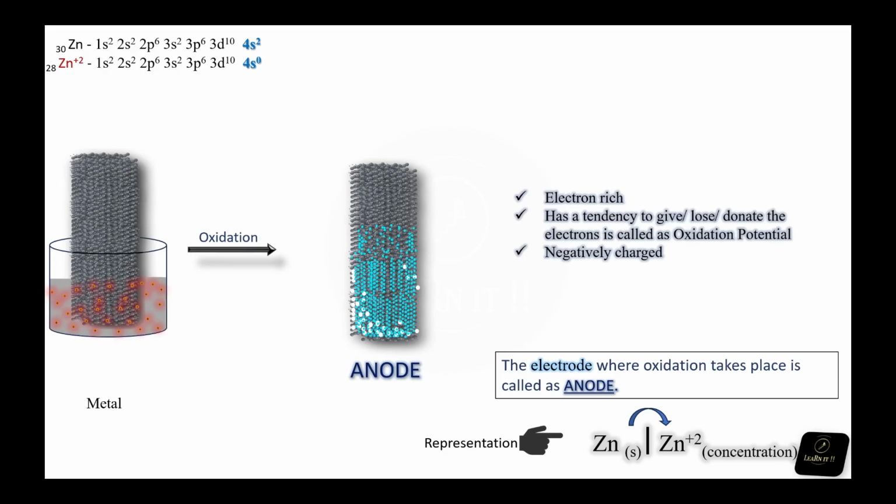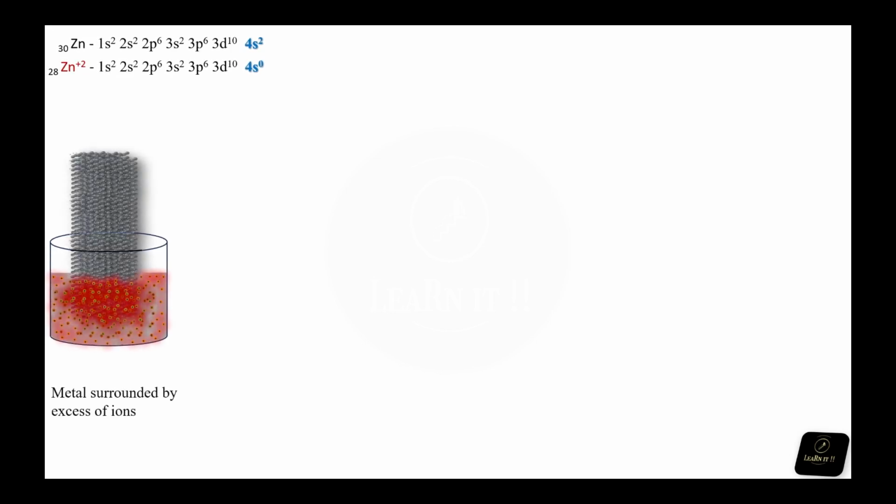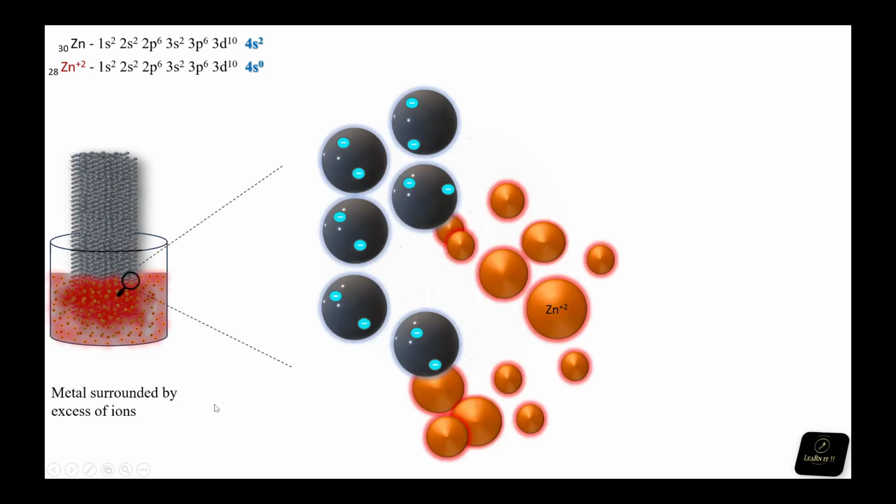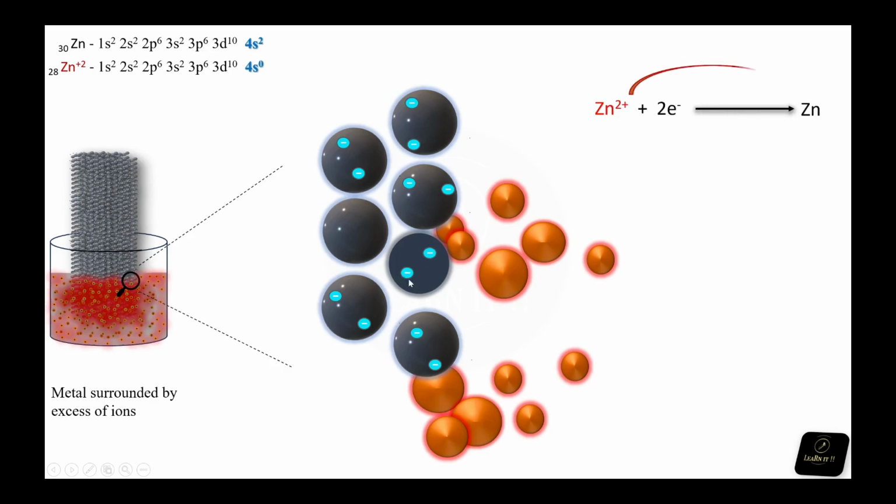Let us look at the positive electrode. The question comes, how does that electrode consume electrons? Let us learn with an example. When the same zinc rod is in contact with an excess of ions, the Zn+2 ions present in the solution start to gain electrons from the atoms on the metal rod. In turn, these Zn+2 ions become atoms.